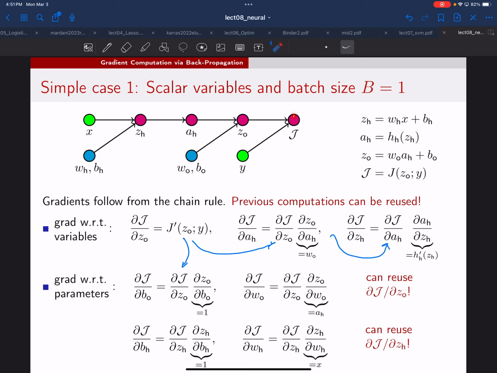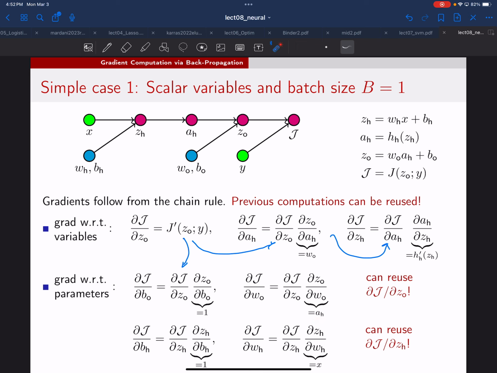Now we can do dJ/dwo, the same way. We again use this value over here, but now we just have to do dzo/dwo, which you can see from this equation is just going to be ah. Okay, so that's pretty easy.